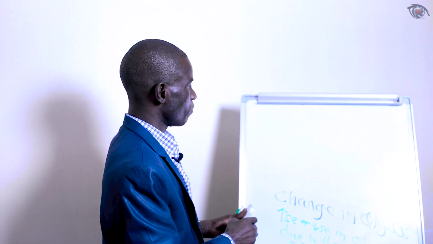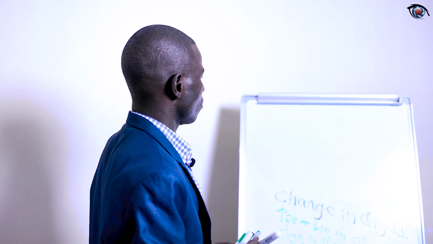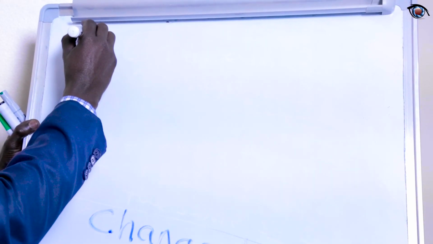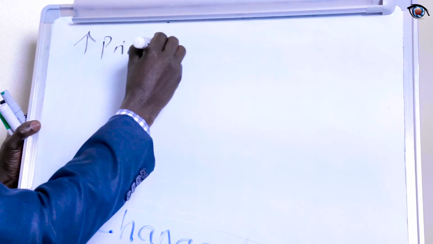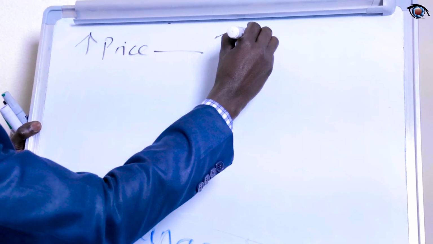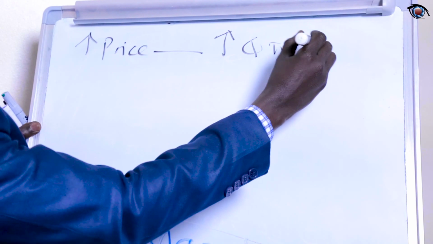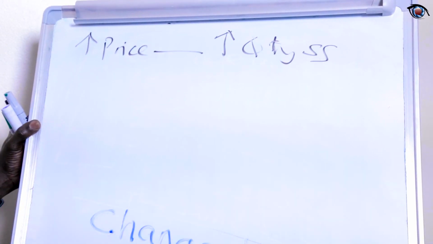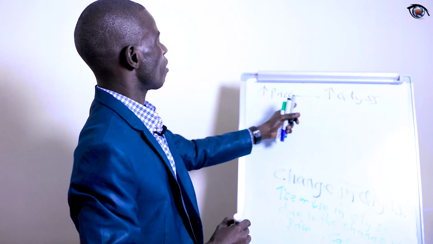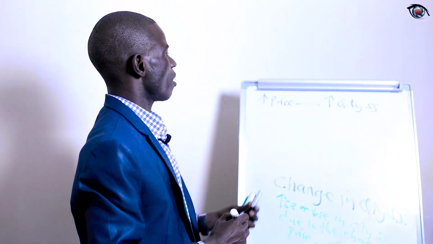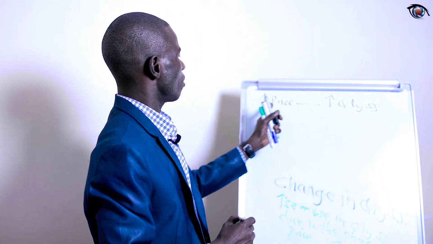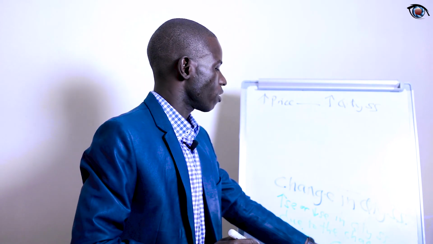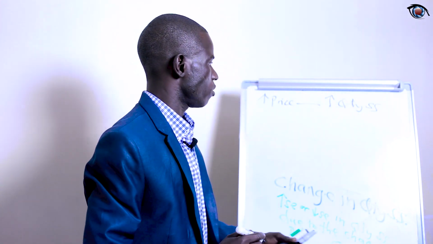The law of supply states that the higher the price, the higher the quantity supplied. Don't forget this. Suppliers will always supply more when the price is high, and they will supply less when the price is low. So the vice versa is true, but don't forget to apply the ceteris paribus condition, okay?